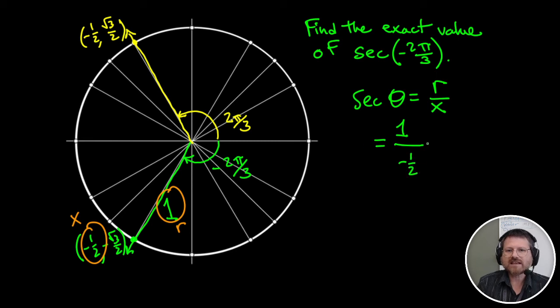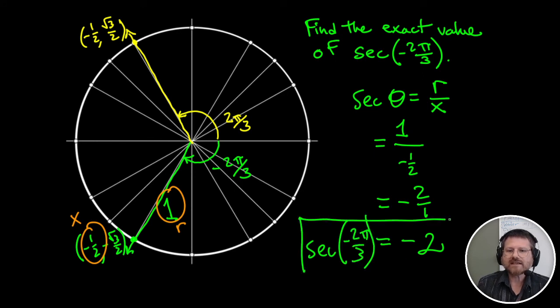And notice that I made this fraction bar bigger because this is the main fraction. 1 over anything is really just the reciprocal. And the reciprocal of negative 1/2 would be negative 2 over 1, which is just negative 2. So in the end, the secant of negative 2 pi over 3 is negative 2.